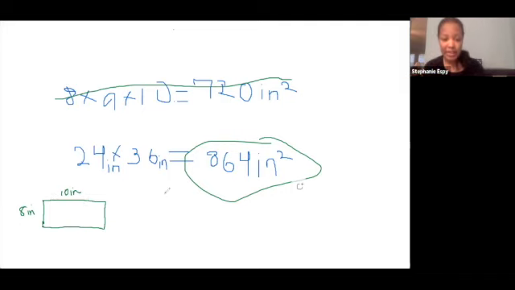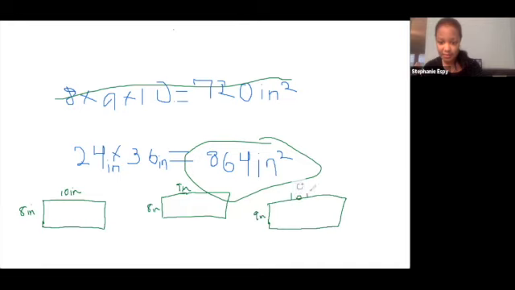We have another side that's the 8 inches by 9 inches. And then we have a third side that's the 9 inches by 10 inches. These are 3 sides or 3 faces of this rectangular box, right? So the top and bottom will be the 8 by 10.